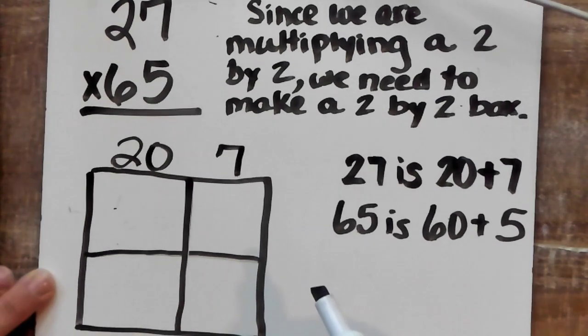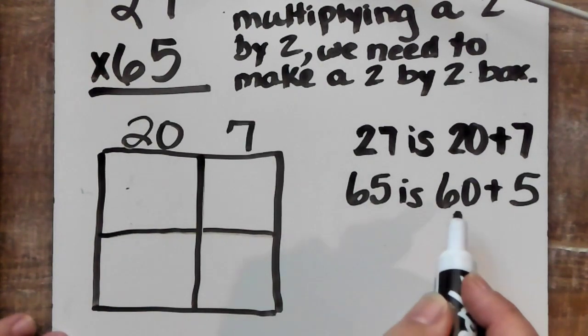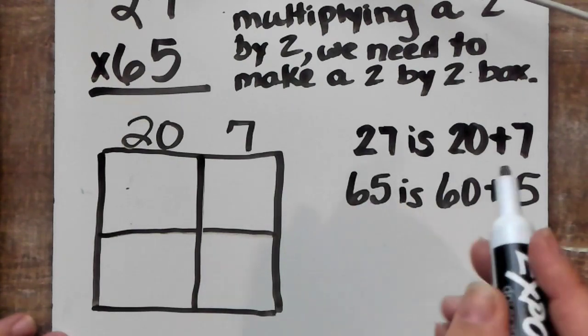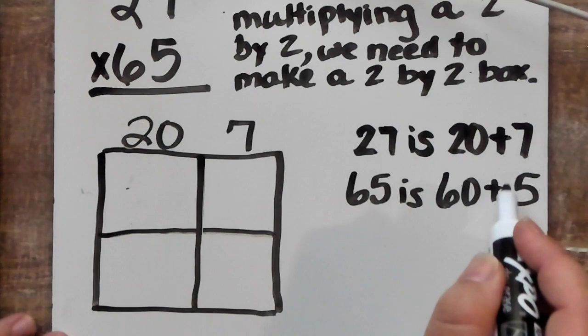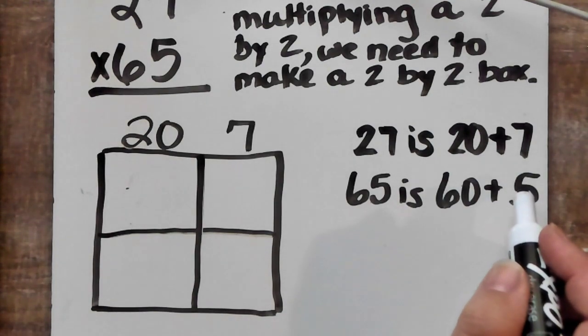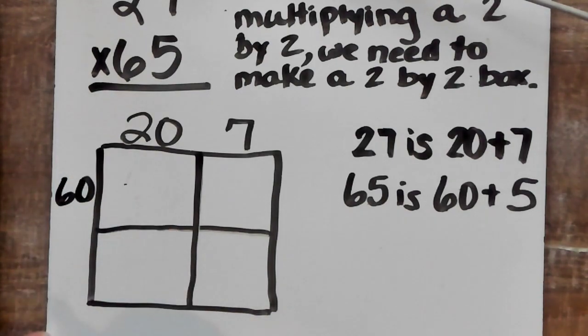Now you're going to do the same for 65, but you're going to write it down this side. So we said that 65 is worth 60 or 6 tens and 5 ones. So we're going to write that down the left side. So here's 60 and 5. Okay, that part is done.